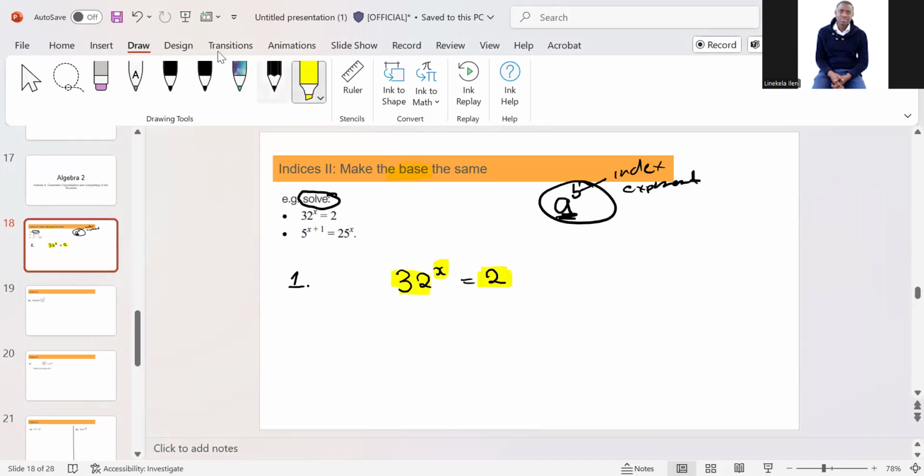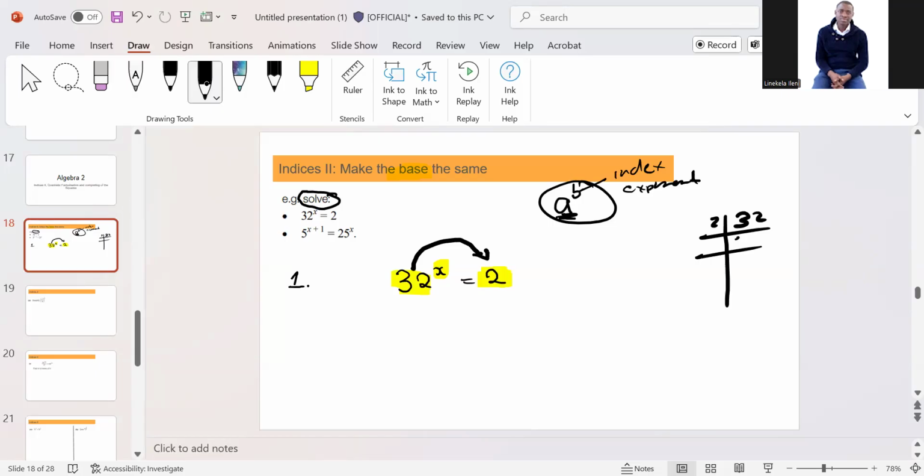So to make the bases the same, you need to take the higher number so that you can make this base equal to 2 as well. But how do you do that? You need to take a look at how to raise 2 to a power so that I can represent 32 instead of just writing 32. I always tell students the best way to do any of these things is to do your prime factorization.